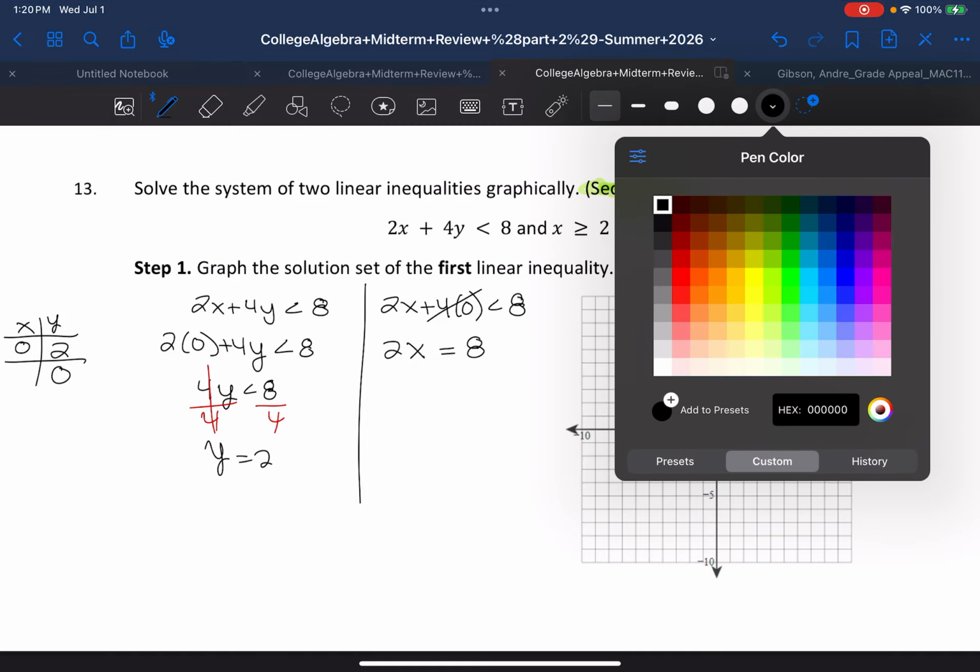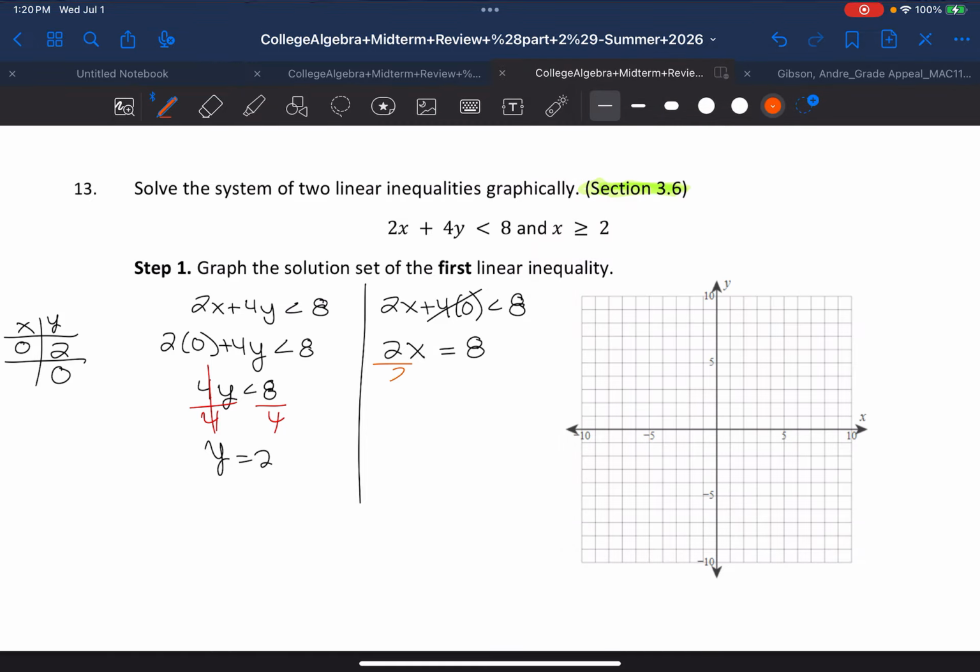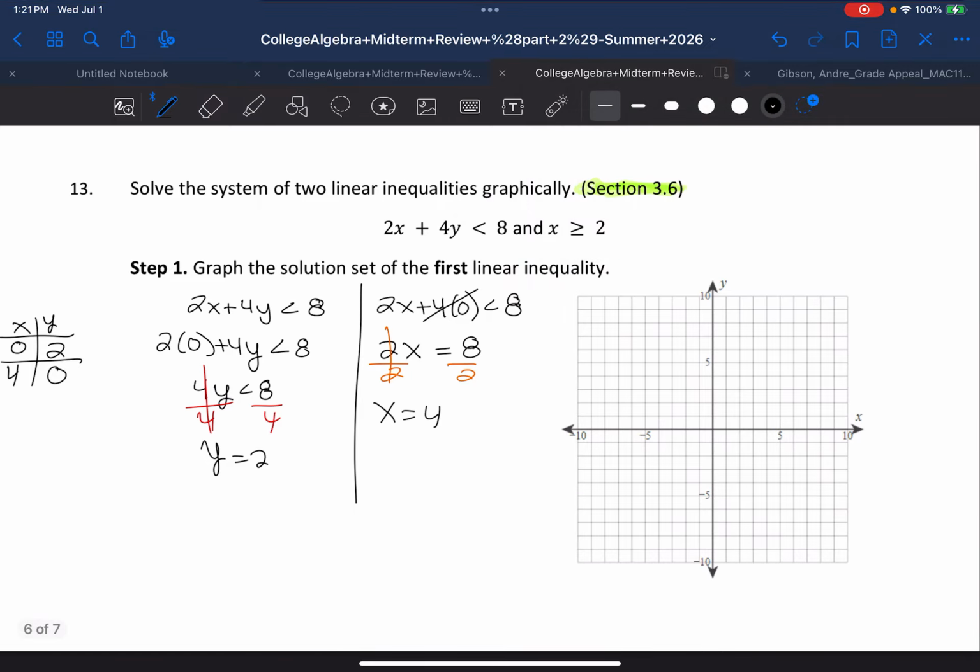Divide by 2. And x is equal to 4. Okay, so this found me the point (0, 2), and this found me the point (4, 0). So I'm going to go ahead and plot those 2 points.